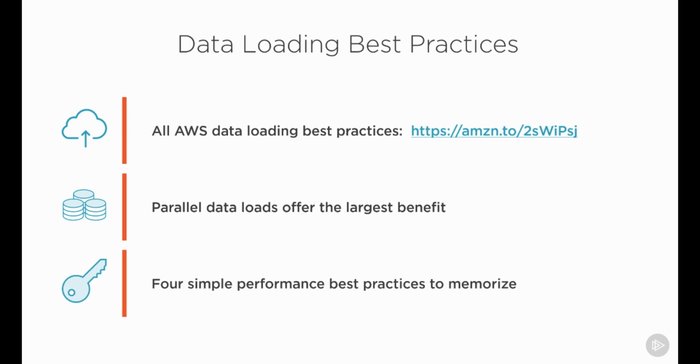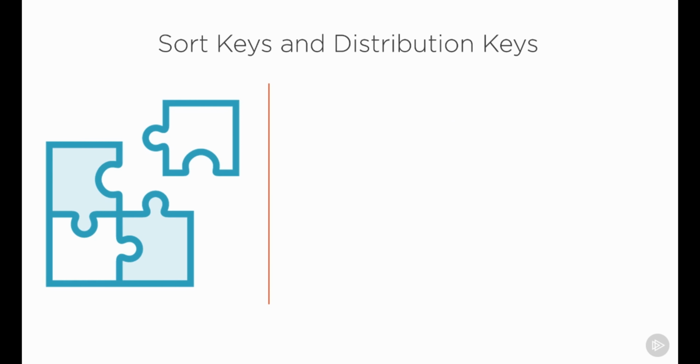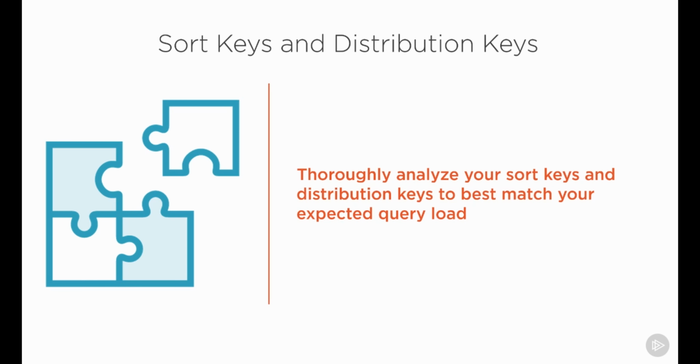So from a performance standpoint, there are basically 4 best practices that should become second nature to you when loading data. Number 1. Thoroughly analyze your distribution keys and sort keys for best match to your query loads prior to loading all your data. This is going to be much easier to put in place when you have empty structures and can establish these properties and aspects.